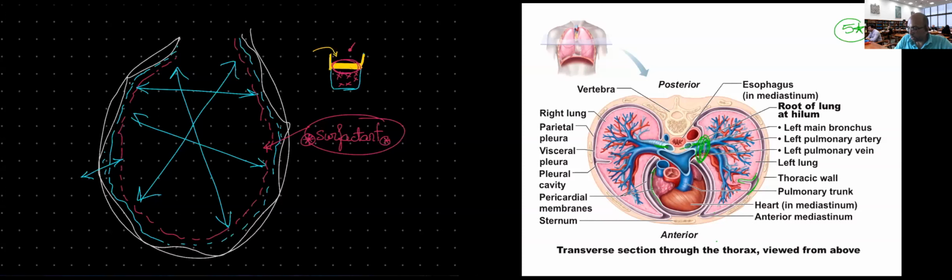Between the lungs, we've got the heart surrounded by the pericardium, and the major arteries and veins going in and out from the heart. Located posterior to the heart, we've got the lower part of the esophagus, as you see on here.